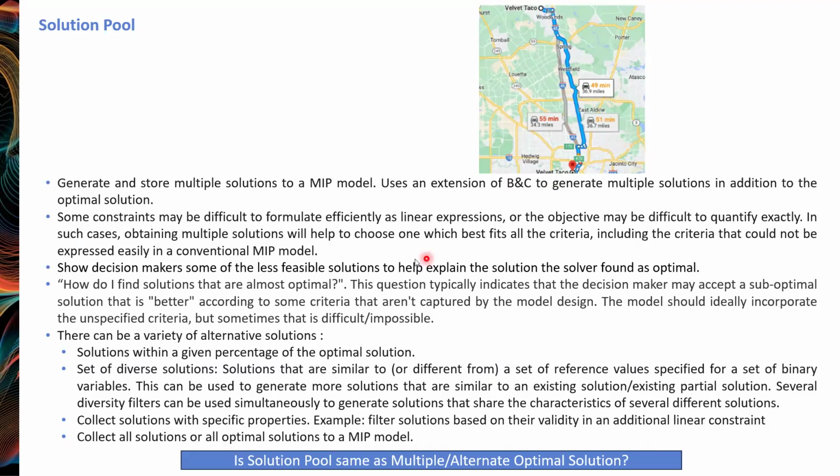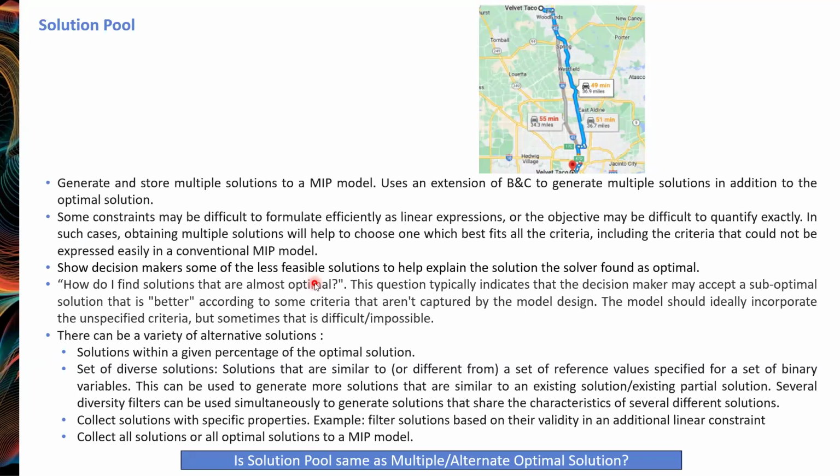It is also helpful when you are demonstrating the power of optimization. So instead of showing just the globally optimal solution, you show some solutions which are a bit worse, less in value, but then the user can easily understand why the globally optimal is indeed the globally optimal solution.